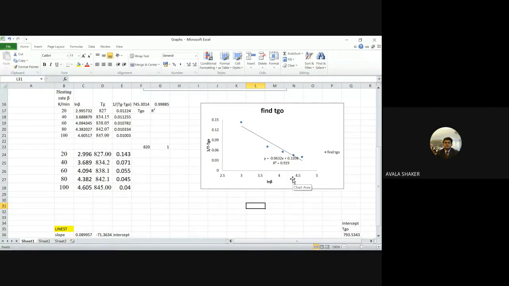There was some question. So trend line basically means we are drawing the line of best fit. When you're choosing a linear graph, yes, it is the least square fit method.